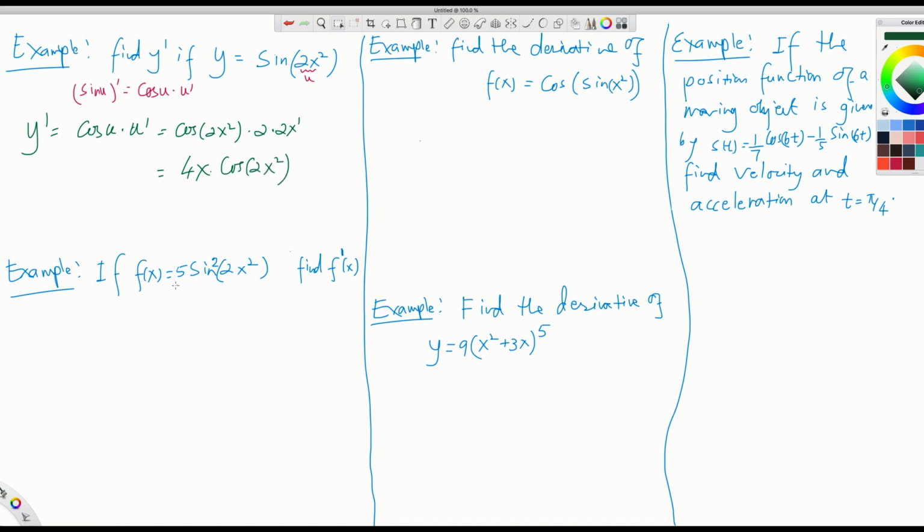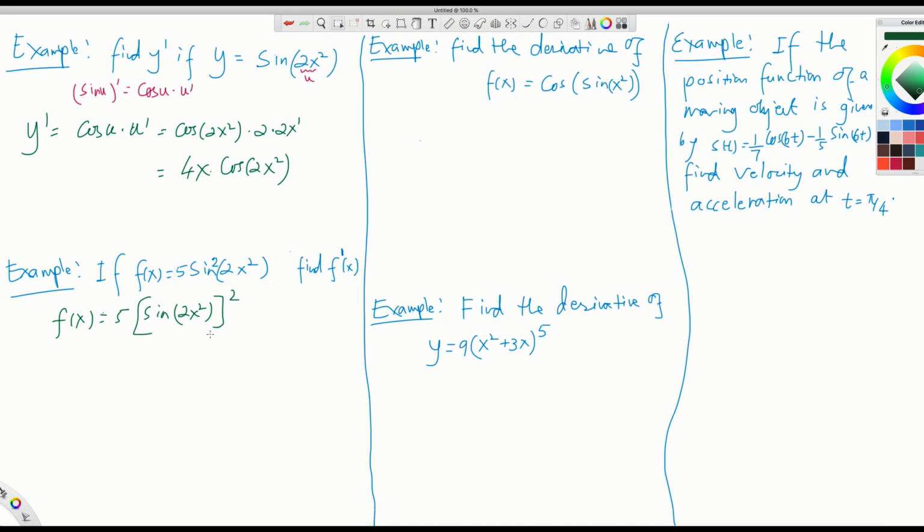See that? It is a similar concept. So here also, what do you think? f of x equals 5 sine squared of 2x squared. This sine squared means sine of 2x squared, the whole thing squared. All the trig squares mean the whole thing squared.